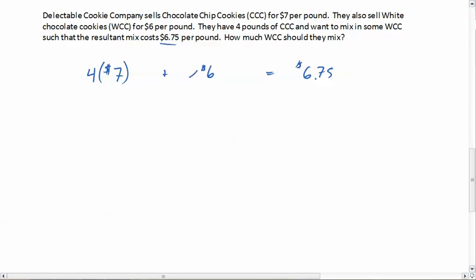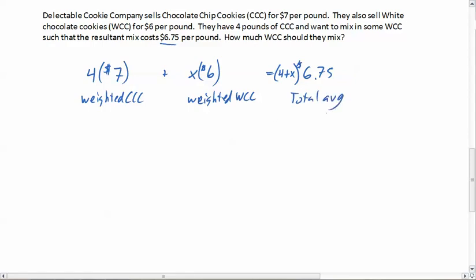Now I need to find out how much of this one I need. I don't know how much. It's going to cost me $6, but I don't know how much that's going to be. So then in front here, we're going to go 4 plus X, right? This is the weighted chocolate chip cookies, and this is the weighted white chocolate cookies, and then this is the total average.